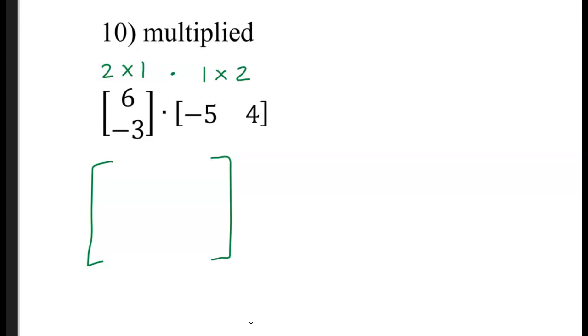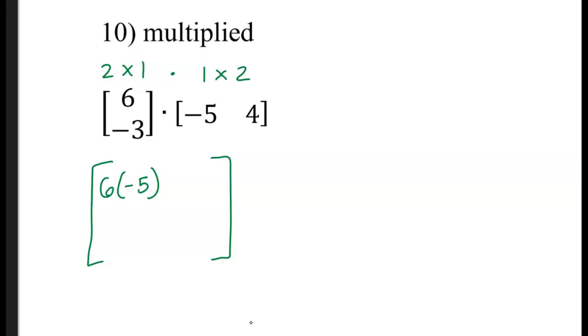So remember, we're multiplying the rows of the first times the columns of the second. So there are 2 rows here. I'm going to be looking at row 1 first only. I take the first row and I multiply it by the first column, which is -5. So you have 6 times -5. That's what goes in your first row, first column position.